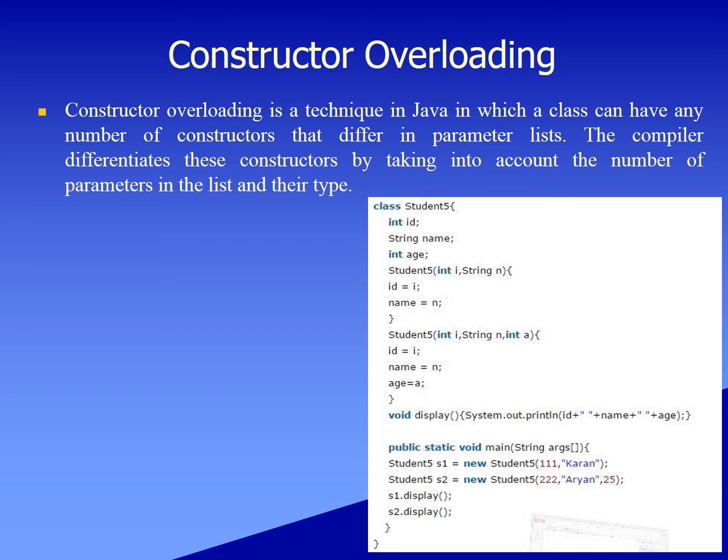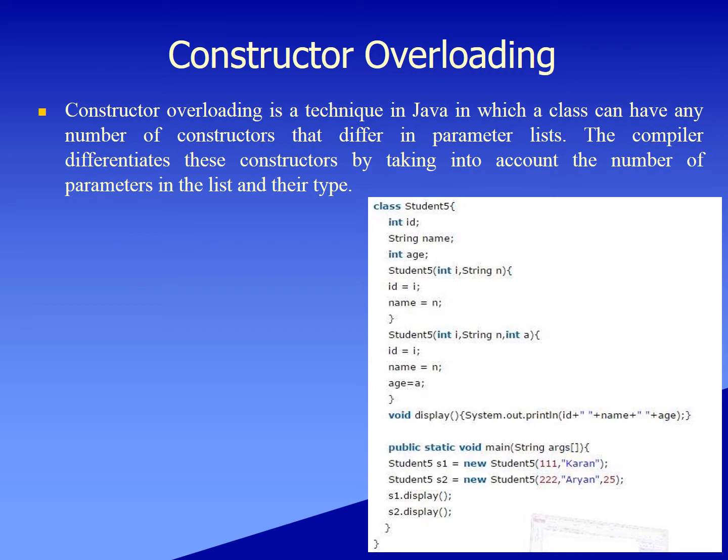Now look at this example. Class Student5, with integer id, String name, integer age. Student5 is the class. Here Student5 is a constructor with two arguments, int i and String n, and in that case id equals i and name equals n.